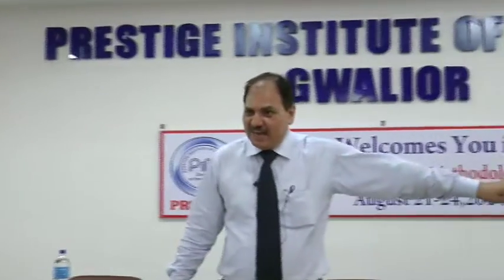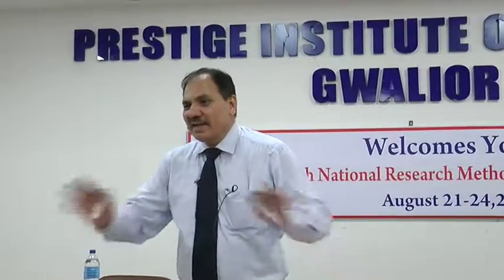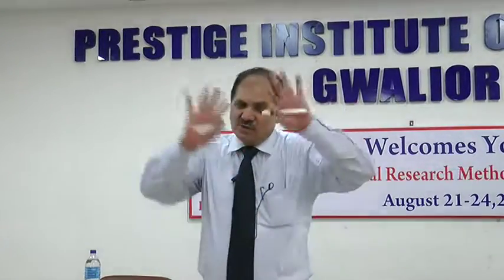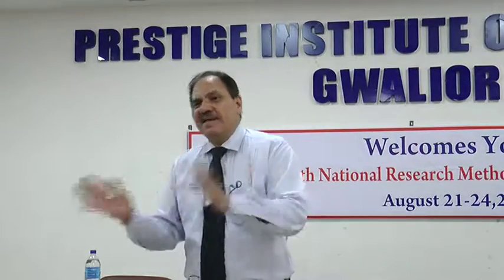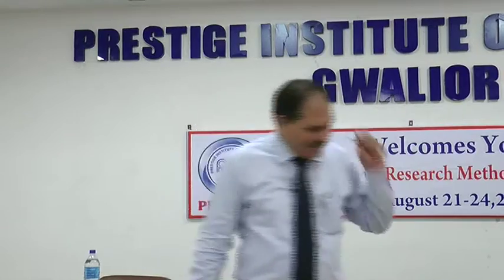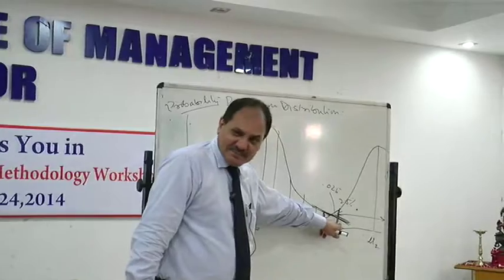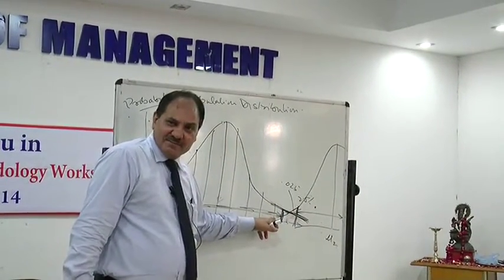Now suppose I decided that no, I will test it on 1% level of significance. Instead of 5%, the same distribution is there because the male-female respondents are the same. Their research methodology knowledge has not changed. I am doing the same test on the same population, and this time instead of 5%, I have decided 1%. Now what is going to happen? This cutoff will move to the right, and this cutoff will move to the left.